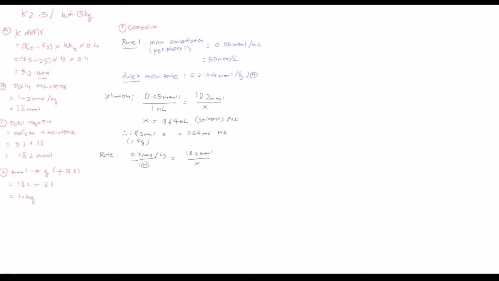So 0.3 per kg. This patient is 13 kg. We will get 3.9 millimoles in 1 hour.